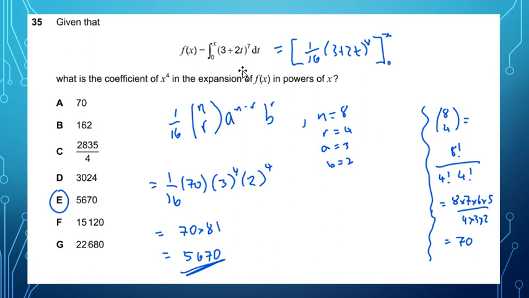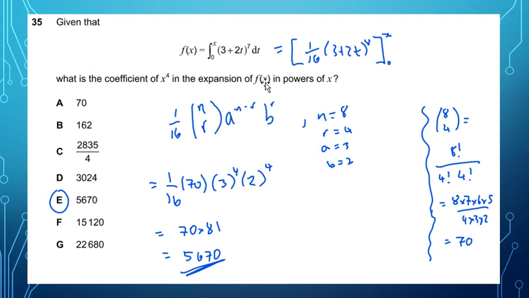35. Okay, so we've got the integral from 0 to x of a function of t. What's the coefficient of x to the 4 in the expansion of f of x? Well, clearly it's got something to do with binomial expansion.